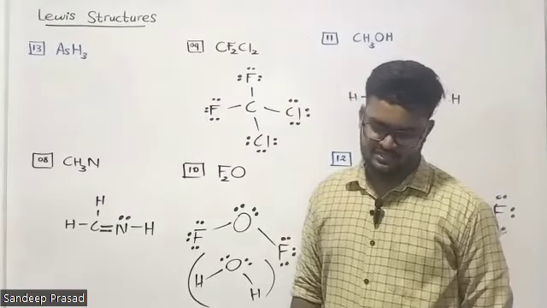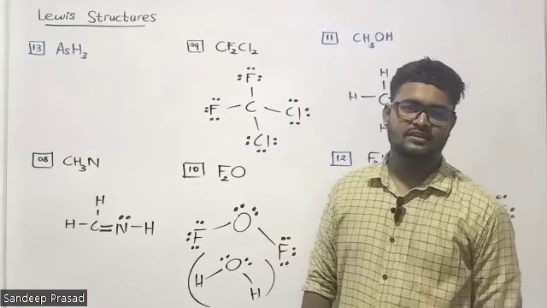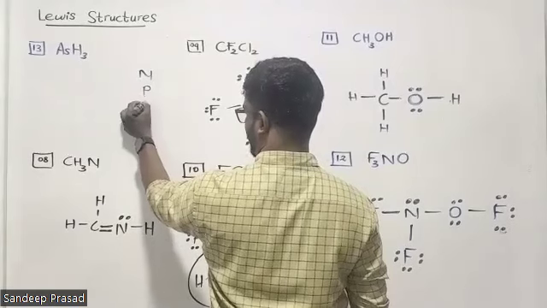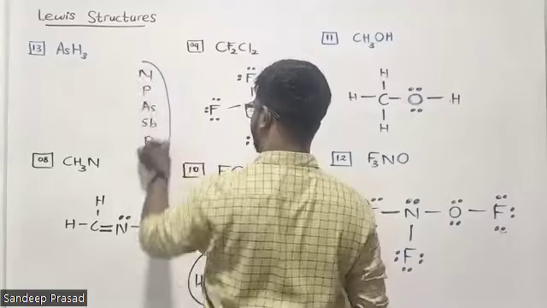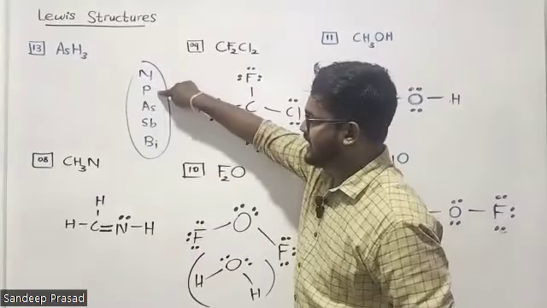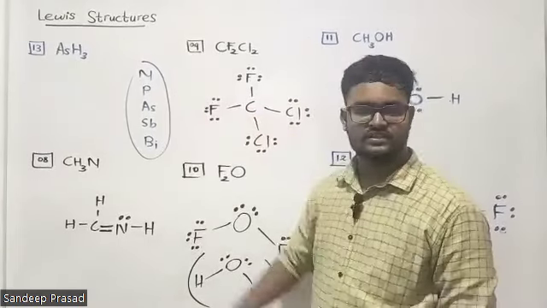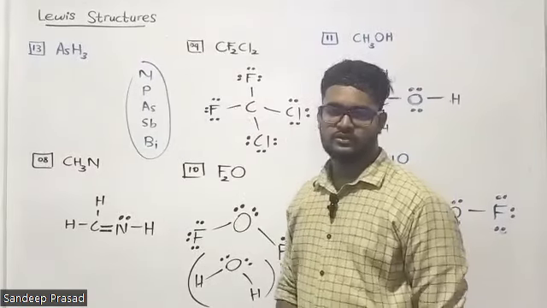Yes, correct. Ammonia, NH3. Why? Nitrogen, phosphorus, arsenic, antimony, bismuth are group number 15 elements: NH3, PH3, AsH3, SbH3, BiH3. Right? So this is kind of an ammonia molecule.